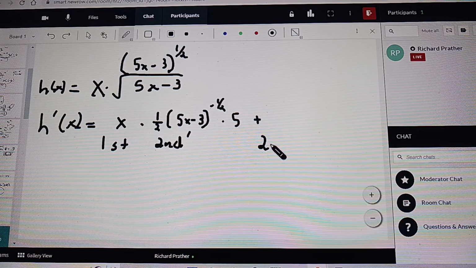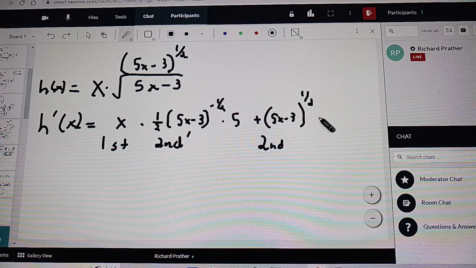Plus the second as it is, whether you want to write it as a radical or a 1/2 power, times the derivative of the first. The derivative of x is 1, so at least that part's easy. It looks like a minus, but it's supposed to be a times right there. Okay.